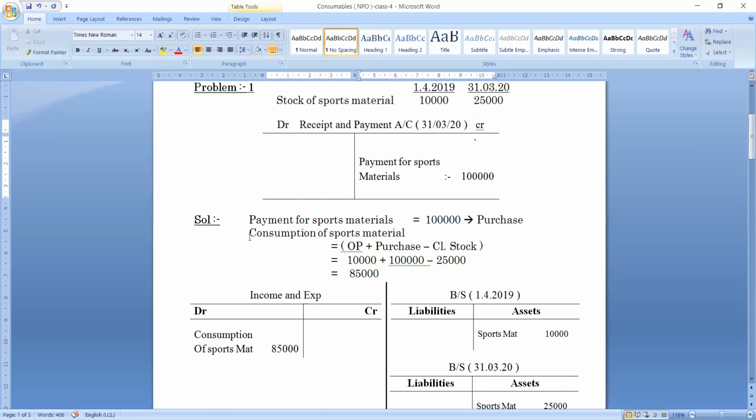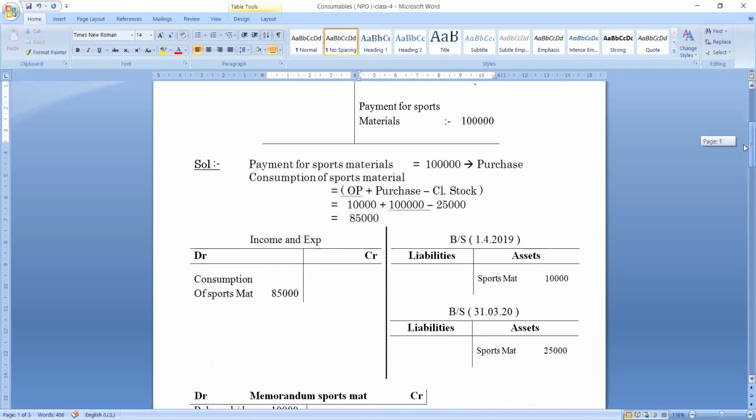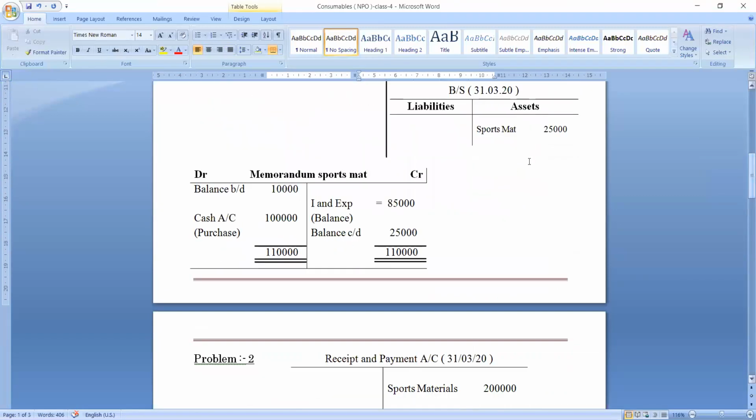Now the question is the consumption of sports material. What is the consumption of sports material for this accounting year? In that case, you have to do two types of working. One is opening stock plus purchase minus closing stock, and another is the memorandum sports material account.